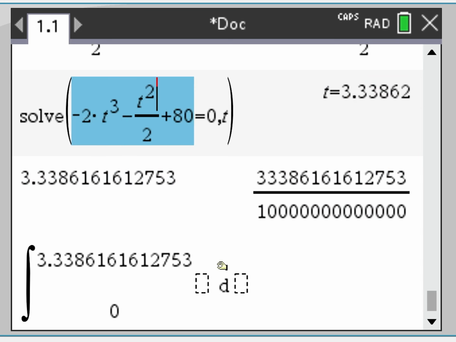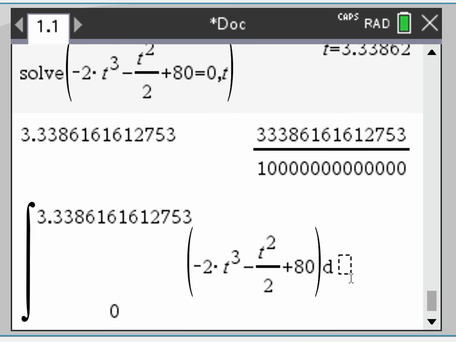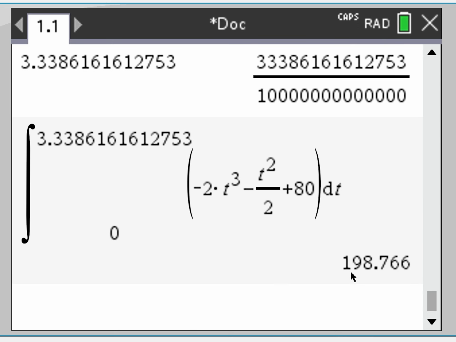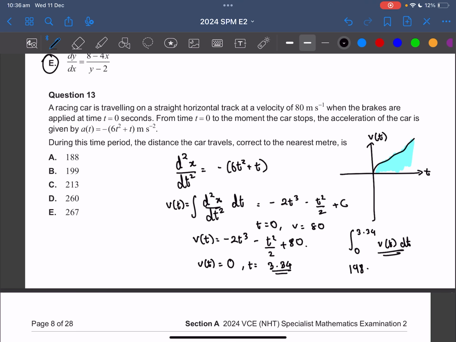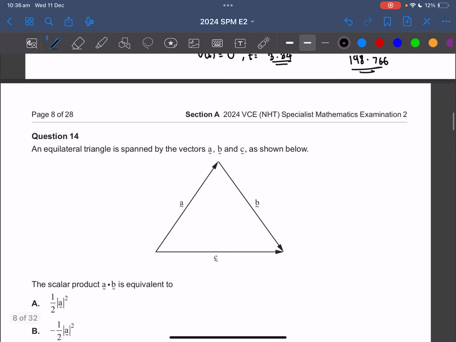So this, and put that in, dt, and enter. So this is going to give us 198.766. So the nearest meter is going to be 199. Okay, hopefully this made sense to you. Alright, so let's move to the next question.